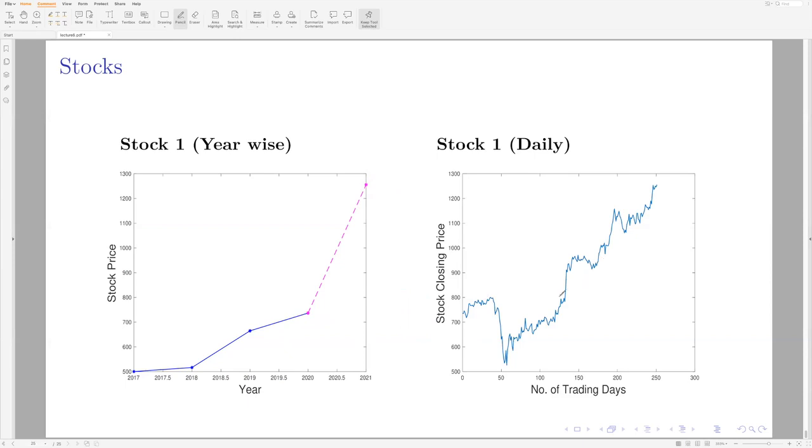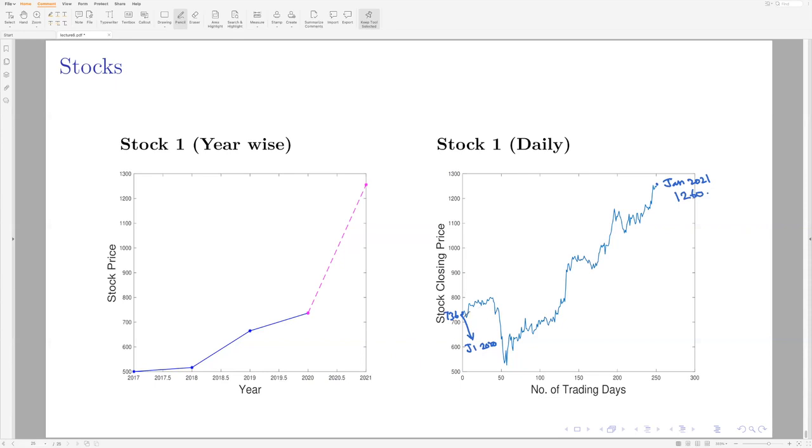So this is the daily chart of this stock. The January 1, 2020 price is around 736, and the stock on January 2021 was around 1,200.